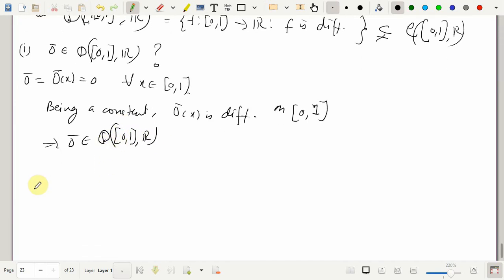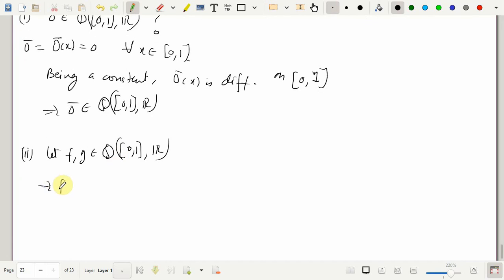Okay. Second thing, again these are properties which we have proved in analysis, that is, if we have two differentiable functions defined on the same domain, then their addition is also differentiable on the same domain. Okay, so let f and g belong to D of 0, 1, R. Again I will not prove the property; if required you have to prove it in the examination.